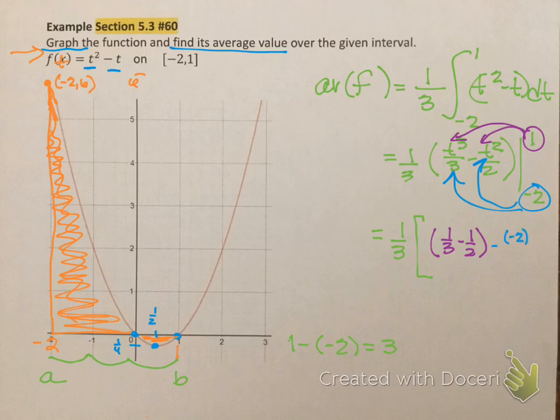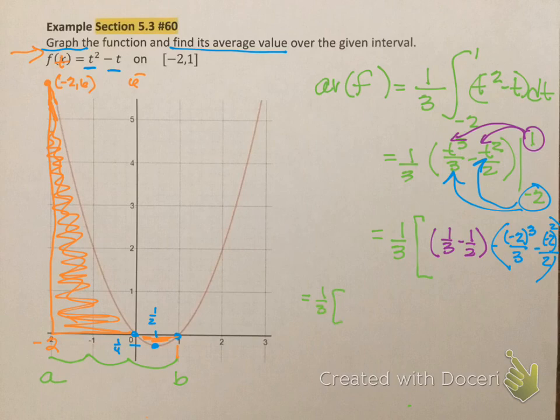So negative 2 cubed over 3 minus negative 2 squared over 2. Big parentheses, big green parentheses. So let's move this over here so you can see better.